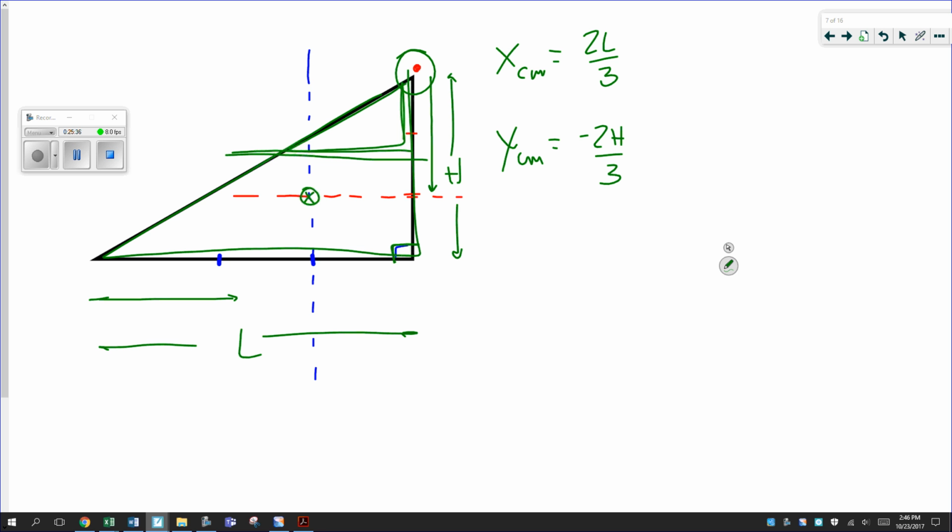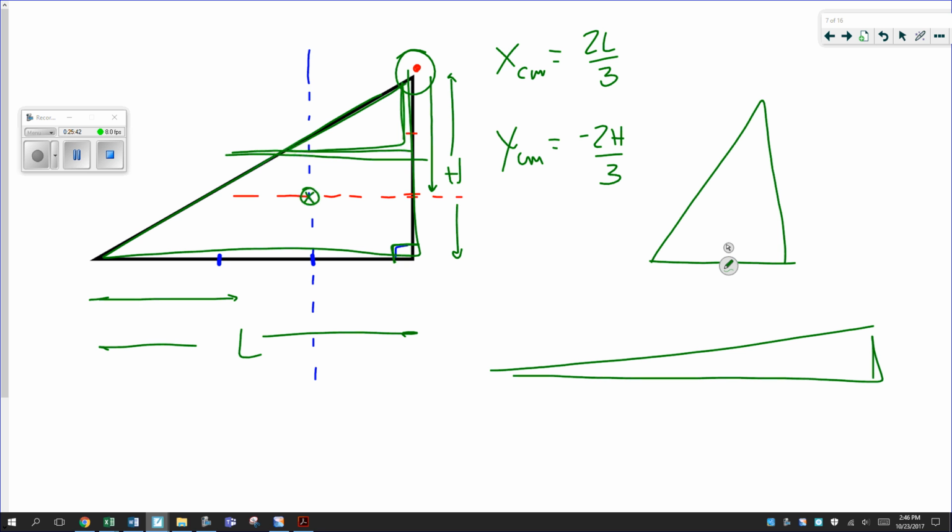And it doesn't matter the shape of the triangle. It doesn't matter if it's super skinny like this, or if it's like that. Any kind of right triangle. Is that true, right triangle? Certainly right triangle. Any triangle? It's got to be a right triangle, right?